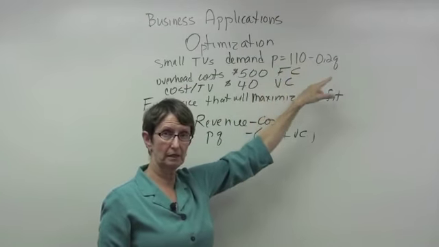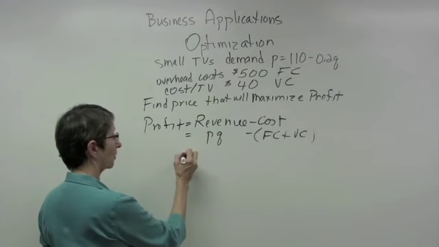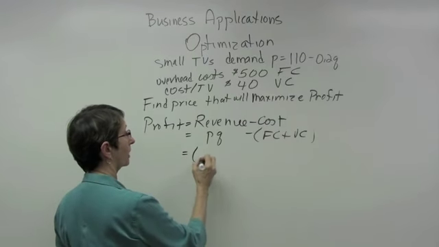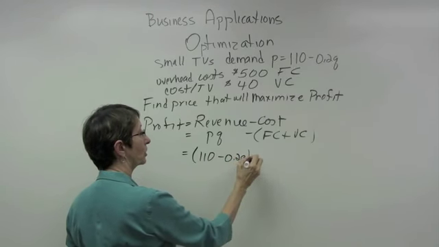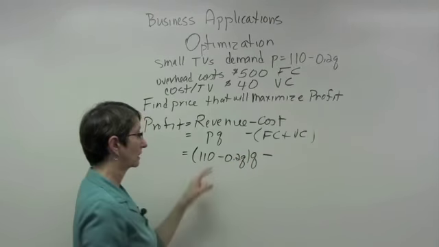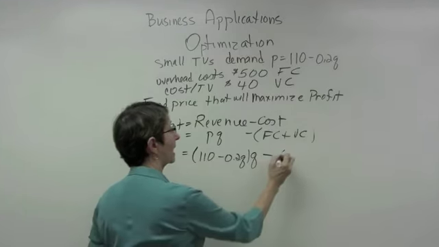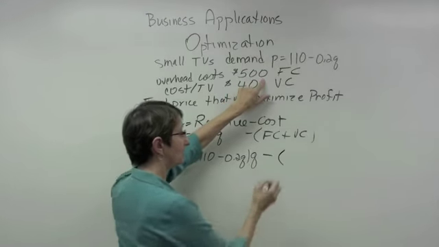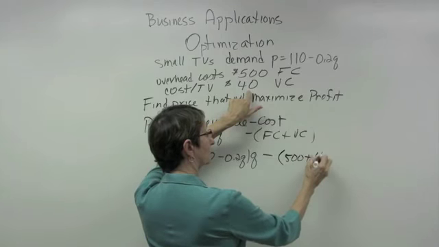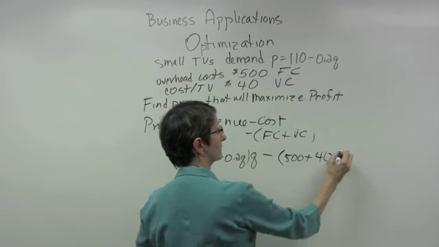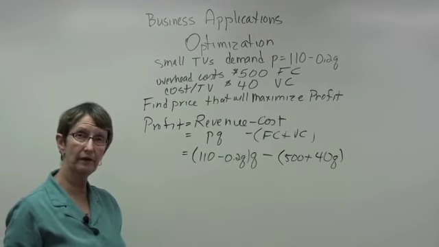It's a function P. So my price times my quantity is 110 minus 0.2 Q times Q. My fixed costs are 500 plus the variable cost is 40 per television. So that has to multiply times the variable.